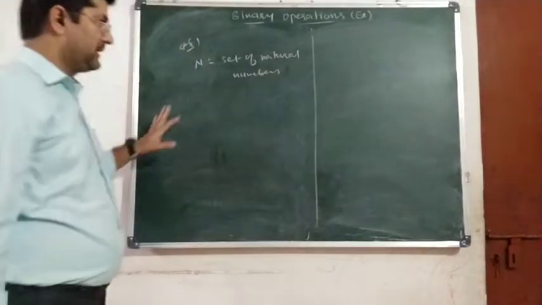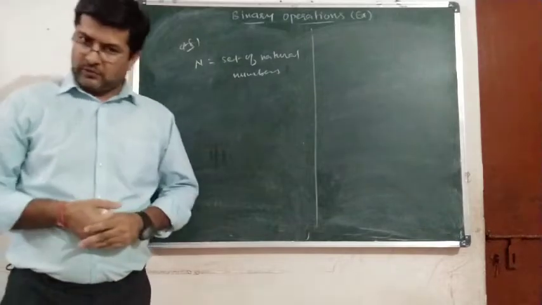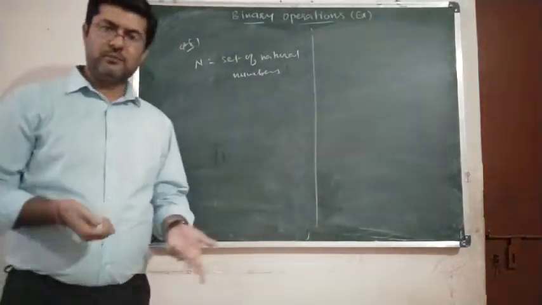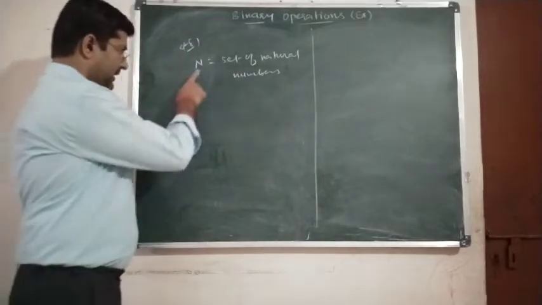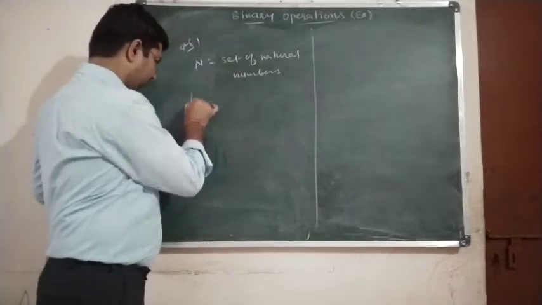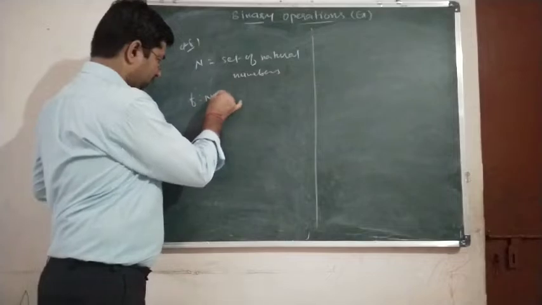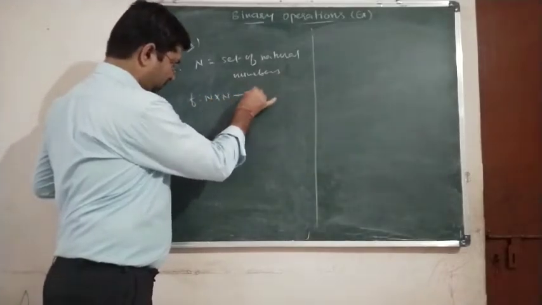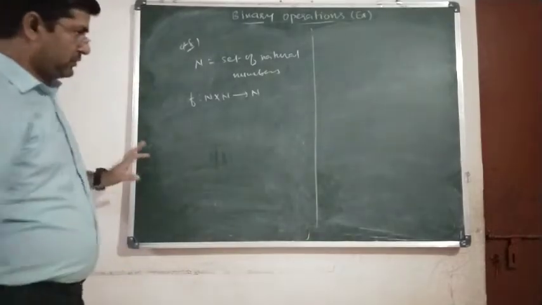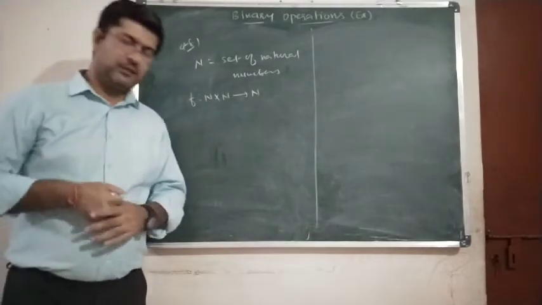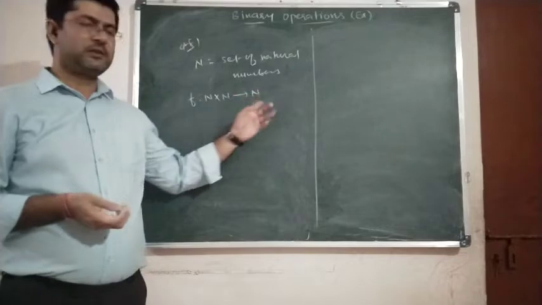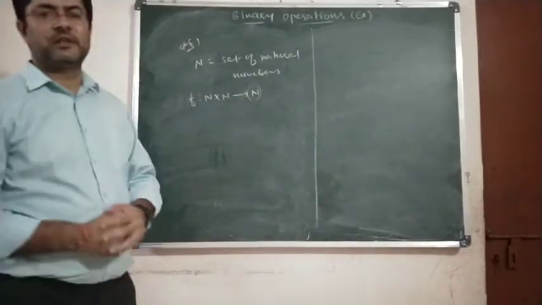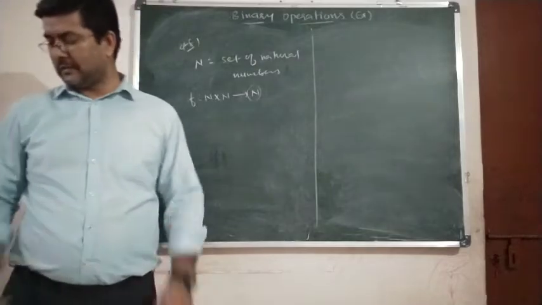Now addition is binary, we know, because the sum of two natural numbers will be a natural number. When any binary operation f is defined on N, it means it is a function from N cross N to N. So if you are taking addition, then the sum of two natural numbers is a natural number, so it belongs to the codomain. Yes or no? And therefore it is binary.